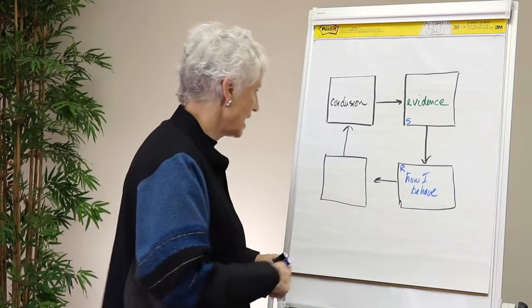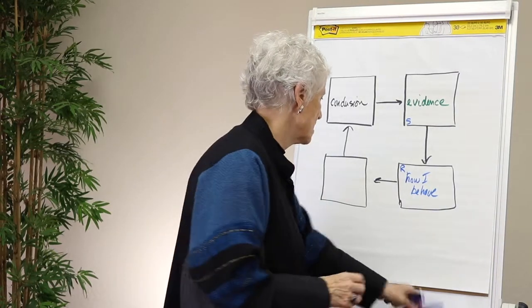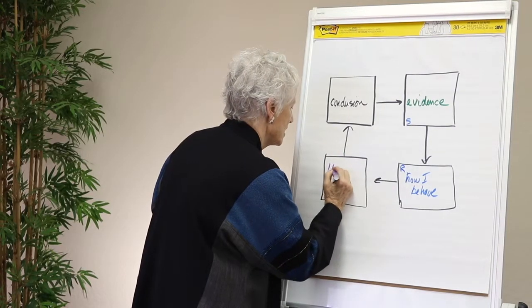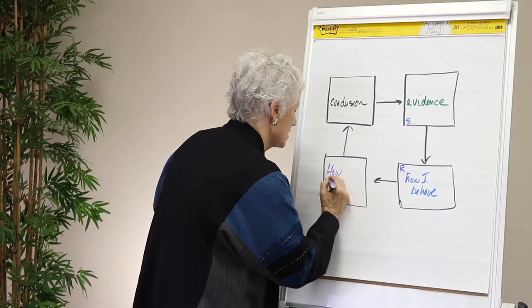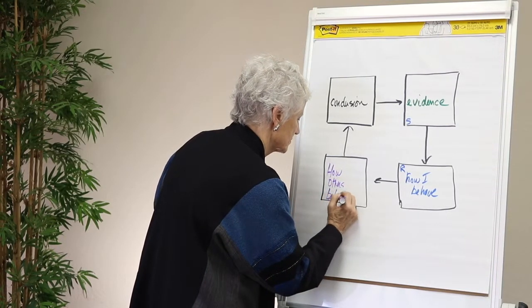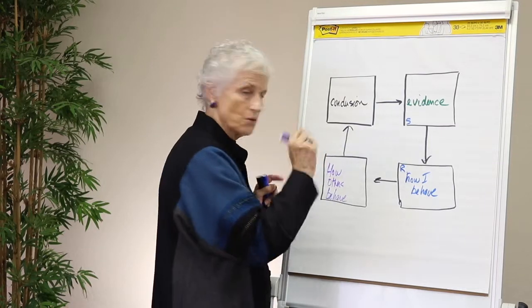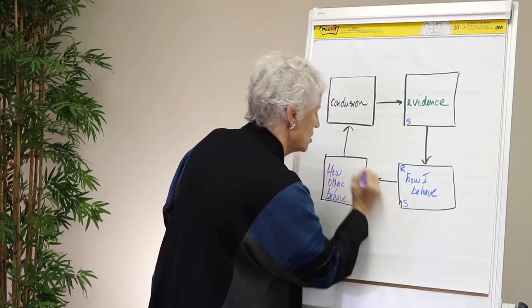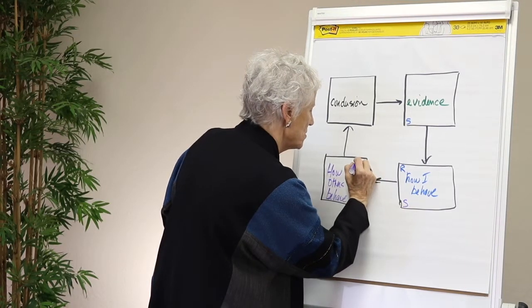Because how you and I behave sets the table for how others behave. So in other words, how I behave becomes the stimulus for how others behave.